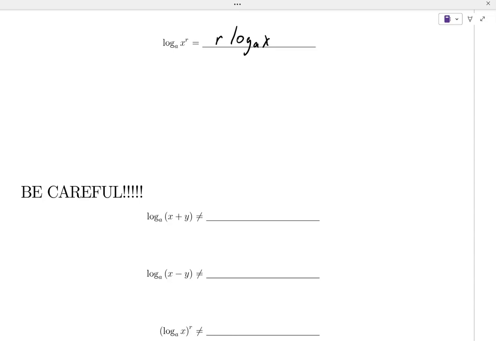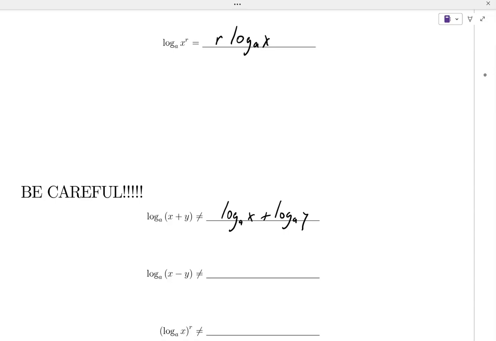You really want to be able to break that log up over the sum. Remember, though, it's not multiplication. It's a function, right? The x plus y is on the inside of the function. This is not multiplying, okay? So this is not the same thing as log base a of x plus log base a of y. Okay? It's not the same thing.